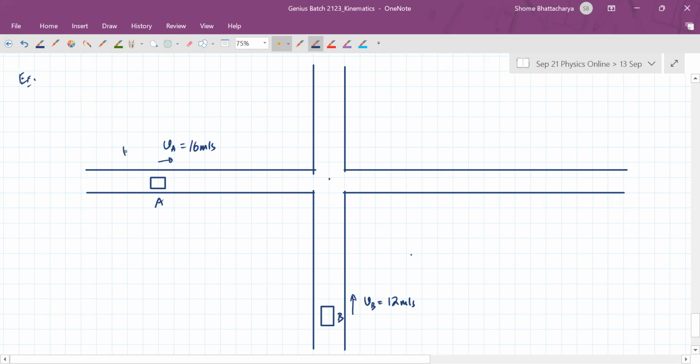And at this given instant, which is t equal to 0 on my clock, both of them are equidistant from the point where the two roads intersect.